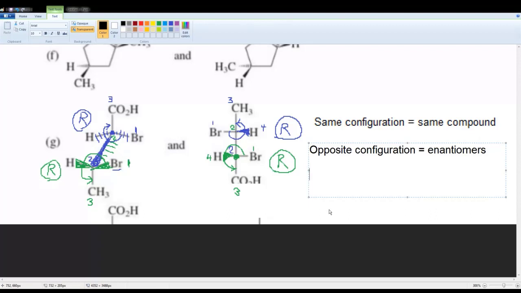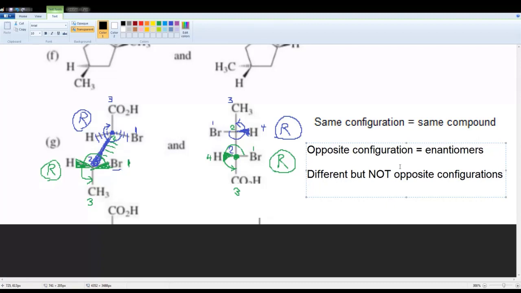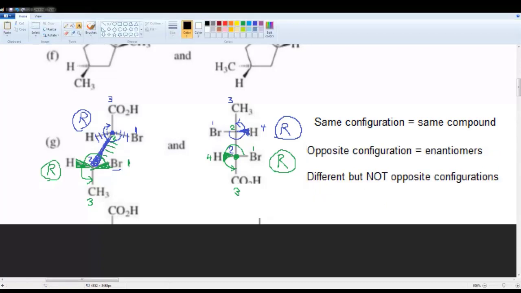But then if they have different but not opposite configurations, that is when they're going to be, I'm going to actually just drag this over here.